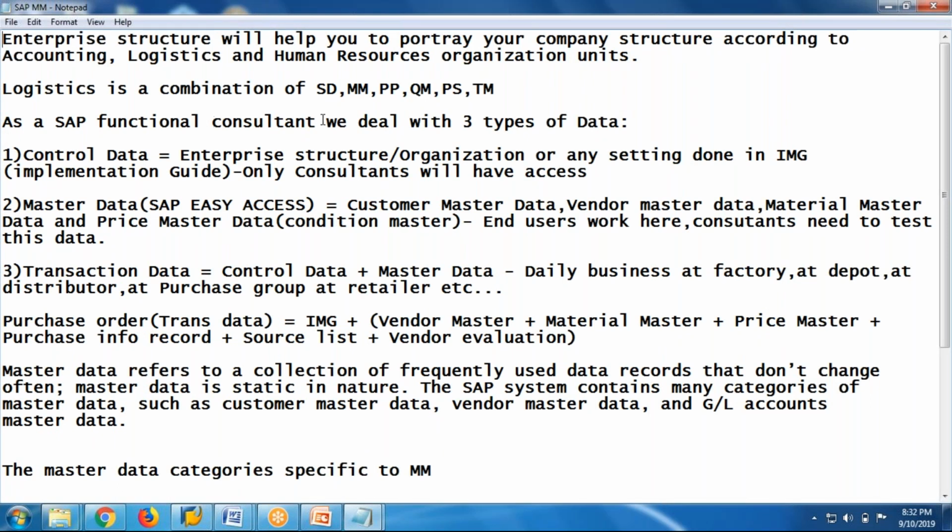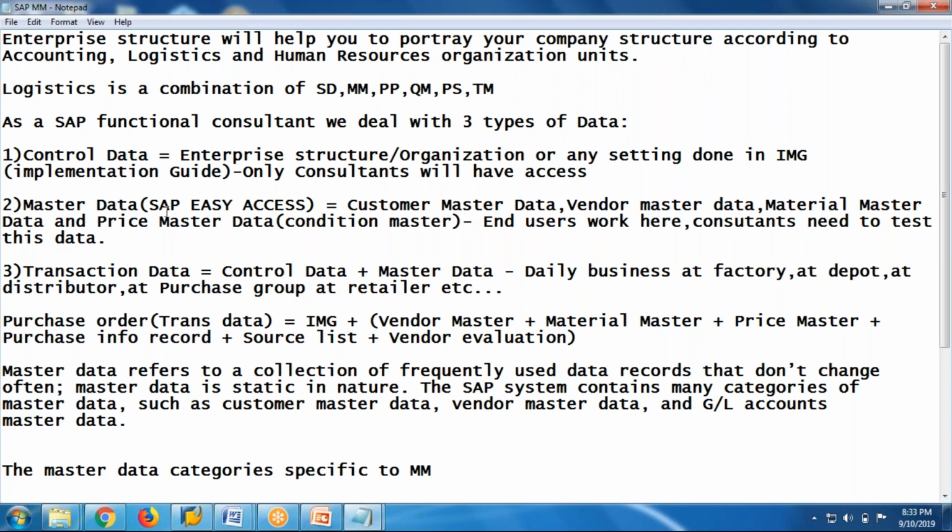As a functional consultant, we deal with three types of data. One is control data, where we have to map the business of your customer into SAP, and any setting done in IMG. IMG stands for Implementation Guide. Only consultants will have access to IMG, right? So that's why we call it control data.